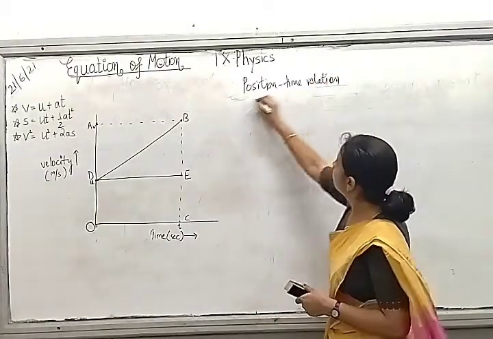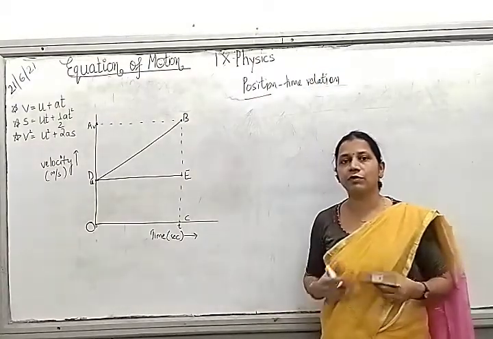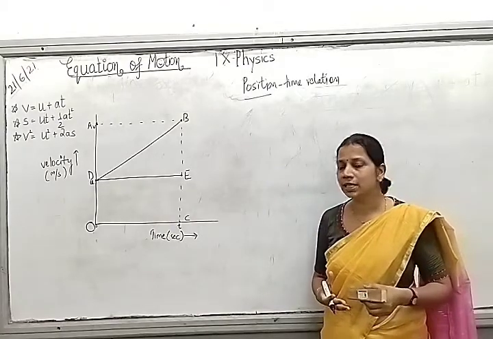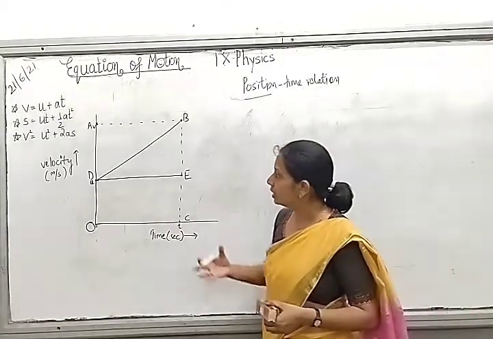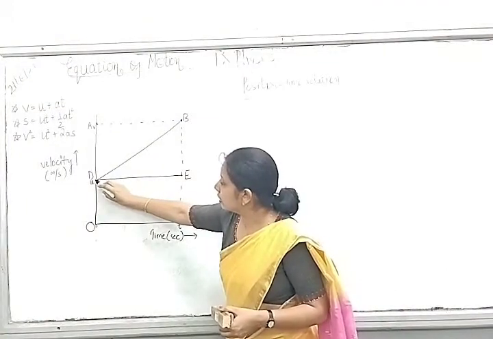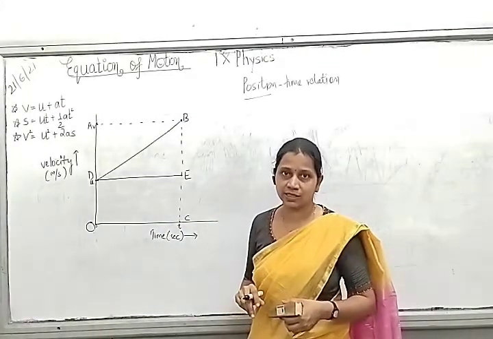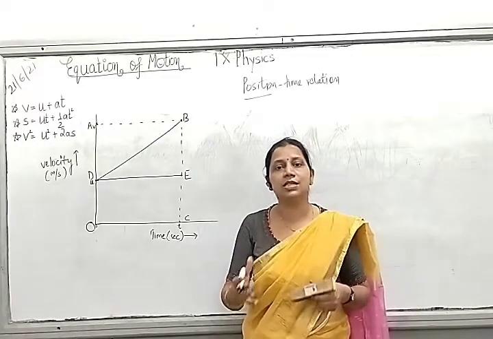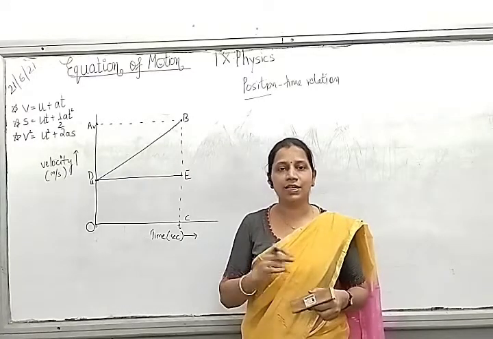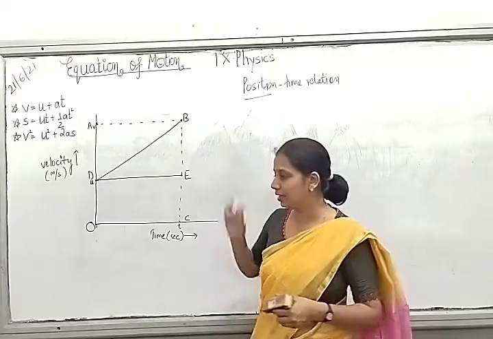If I have to find position, that means I have to find the distance covered by the object. I have to find the area covered during D to B. That will give me the distance. So this is a way to find distance from a velocity-time graph: finding the area covered by that line.